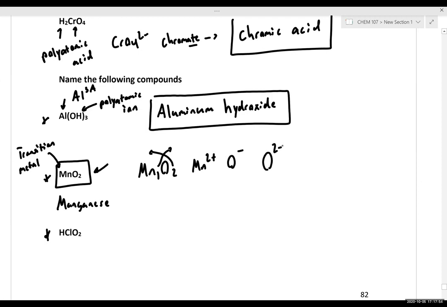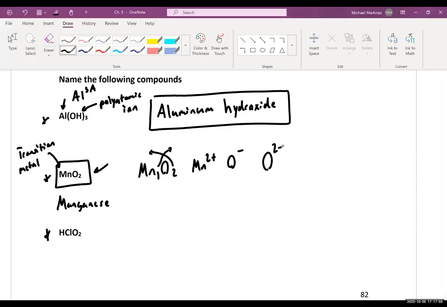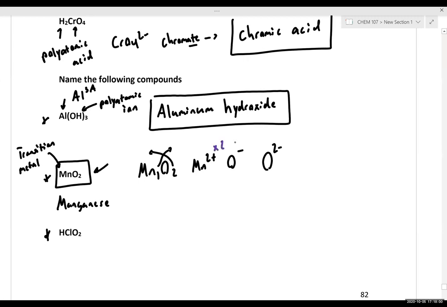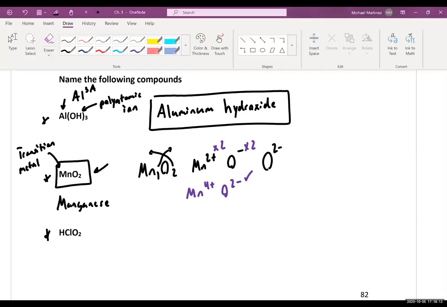However, we know that oxygen is known to have a 2 minus charge. So then we multiply each of our charges by 2, and that gives us manganese 4 plus and O2 minus, which matches the known charge of oxygen.